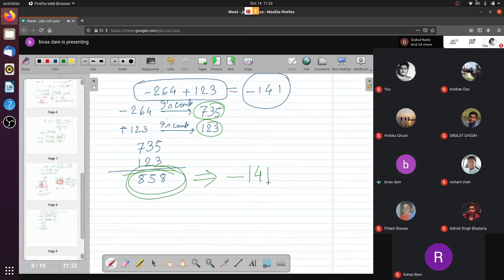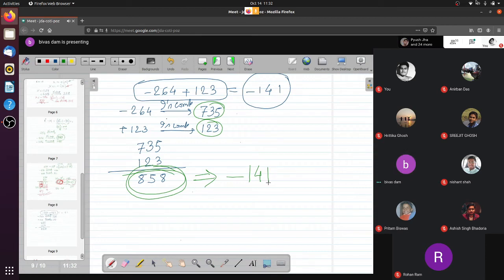That means using the ninth complement number system, I can perform subtraction or a generalized addition operation where x and y both can be positive, negative, anything, using the addition scheme with R minus 1 complement representation. Is it clear?